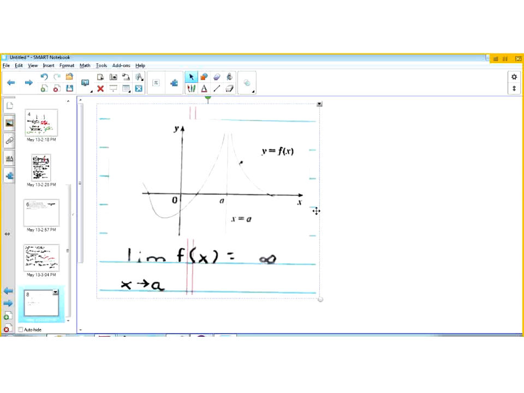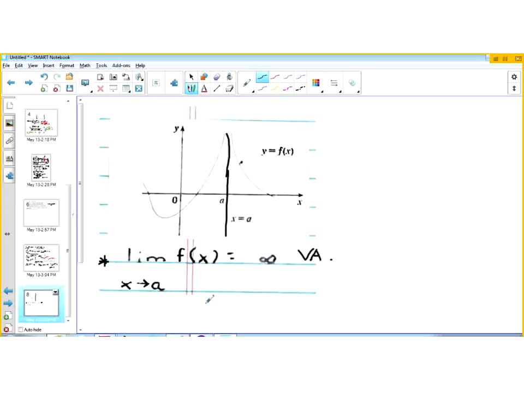And what is the criteria for that to happen? Okay, in order for this limit to hold, we need basically a vertical asymptote right here. So x equals a is a vertical asymptote. And so what we've got here, this statement right here, this is the definition of a vertical asymptote.